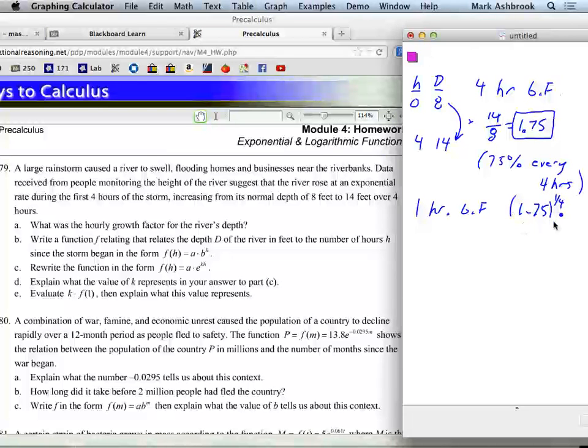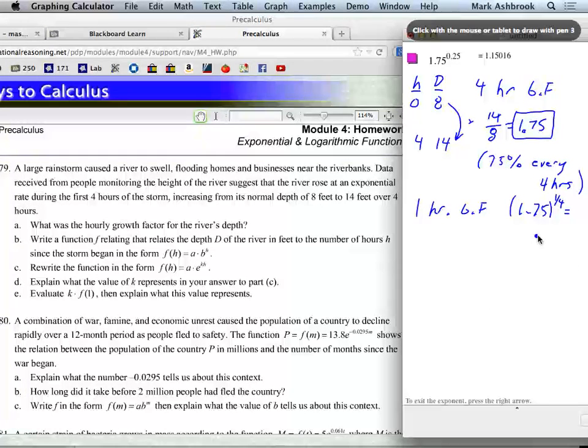Why? Because this number multiplied together 4 times gives us that. So that will be our 1-hour growth factor: 1.15. So what's the 1-hour percent increase? 15%.